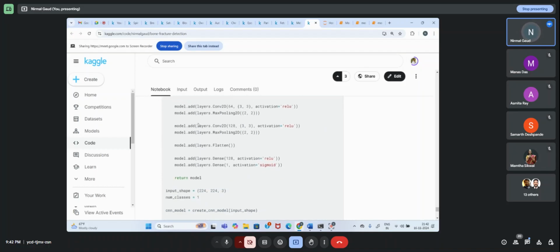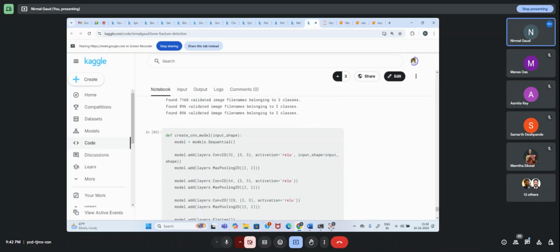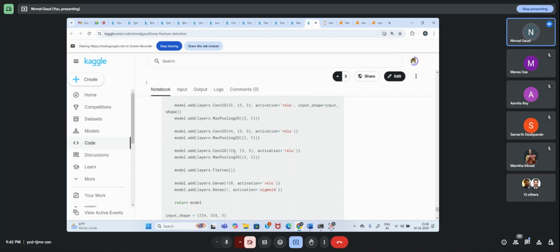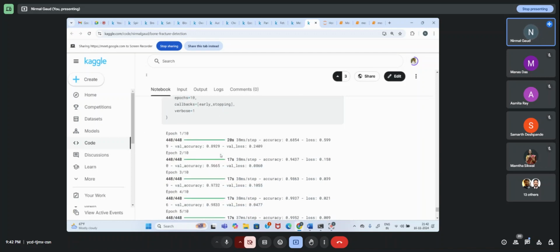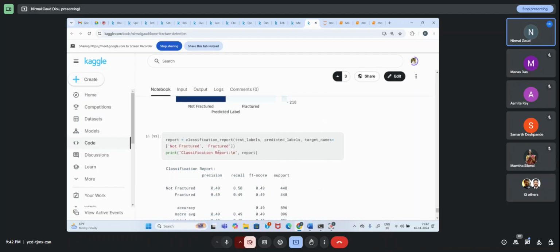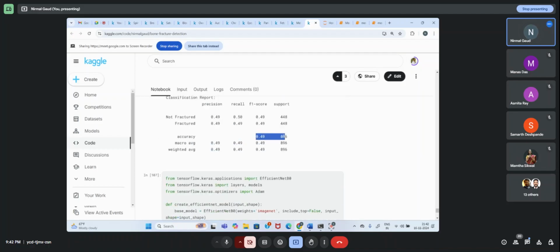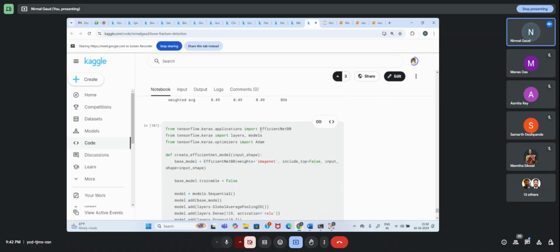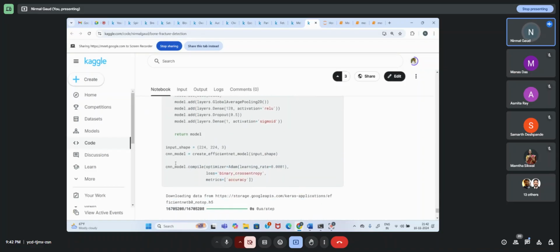Then I increased the architecture, like convolution, pooling, increased the architecture. Then 49%, still struggling. Then EfficientNet, another pre-trained model.